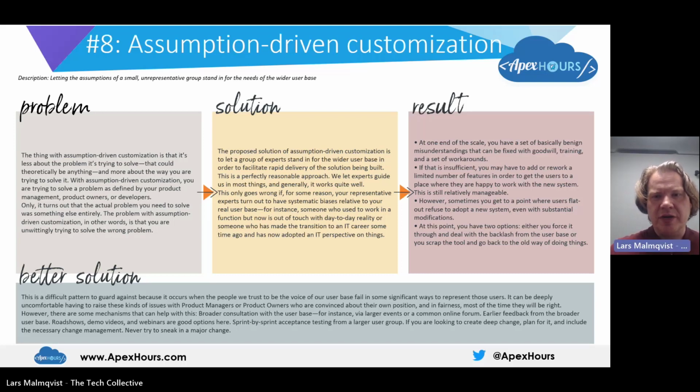You can also include a larger, more representative group in end of sprint testing. It's a little bit more expensive and may slow you down a little bit, but it can be quite useful in making sure that you're aligned.